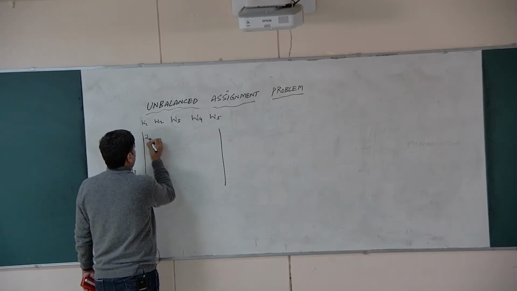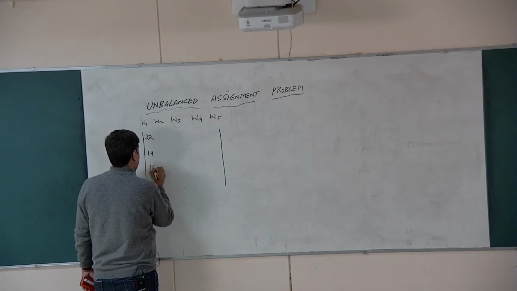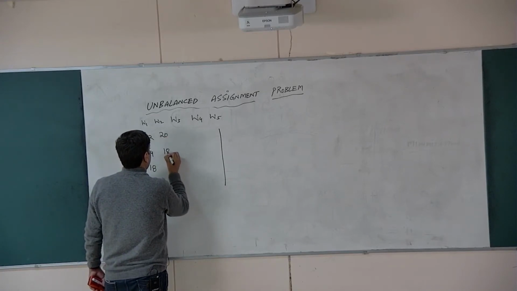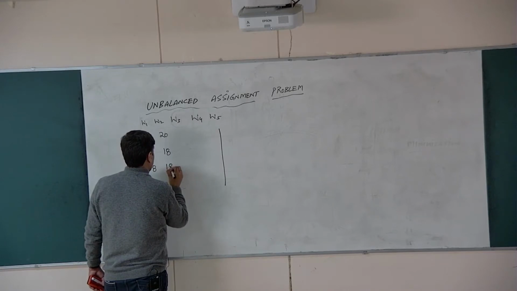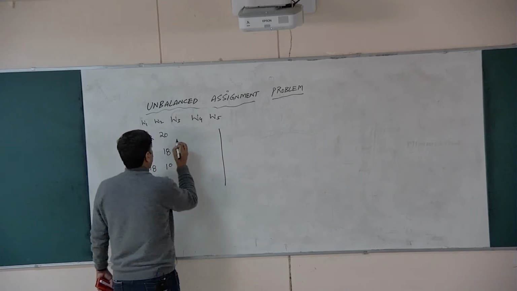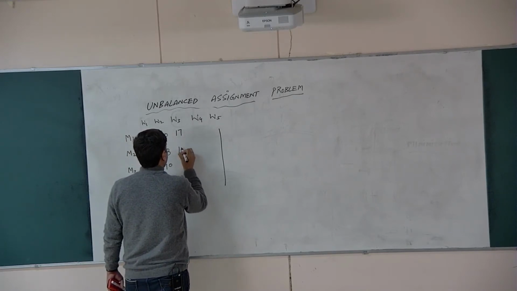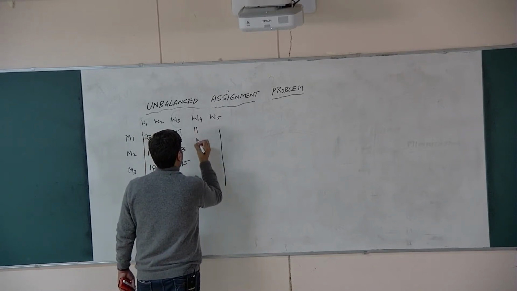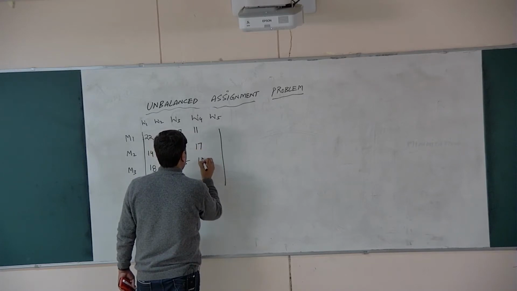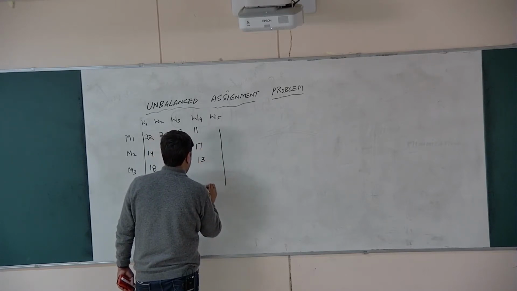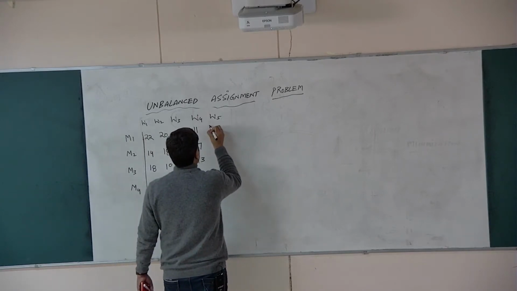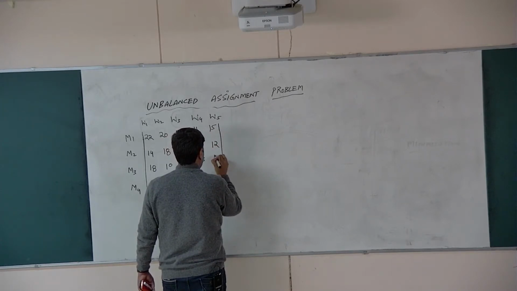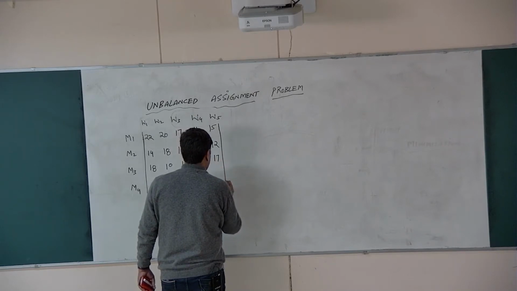Now I'll write here 22, 14, 18, 16, 20, 18, 10 and 14, 17, 13, 15 and 12, and 11, 17, 13 and 10, and the fifth is your 15, 12, 17 and let us say 14.